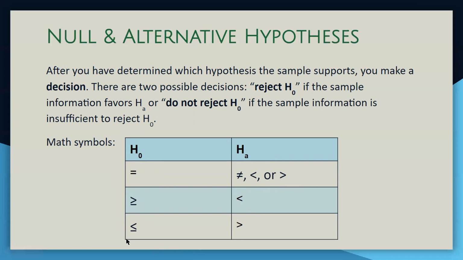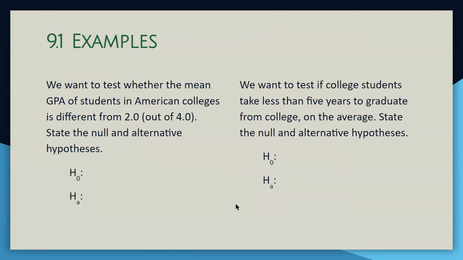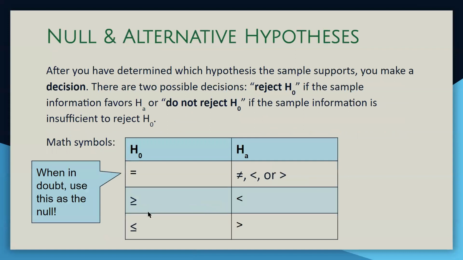If your null is less than or equal to, your alternative should be greater than. I'm going to be operating solely in that first row. So when in doubt, use this as the null. But your book is going to use that second and third row as well. And using that is not wrong.